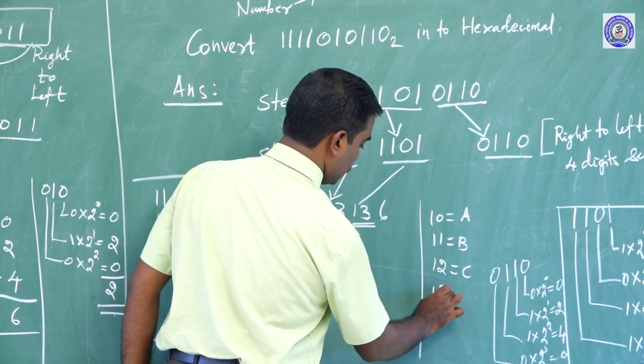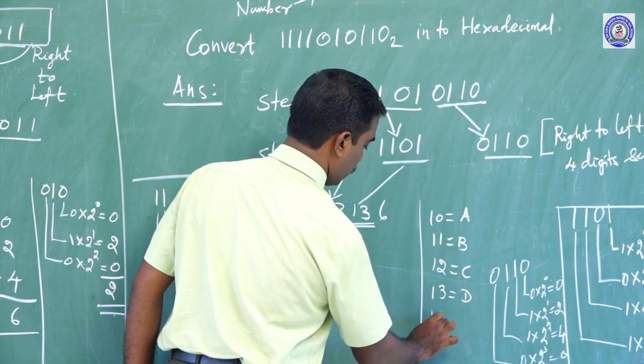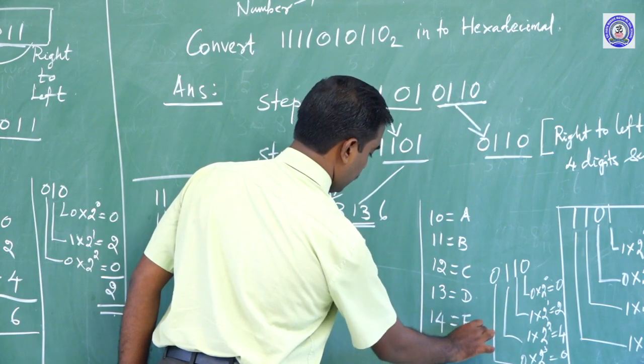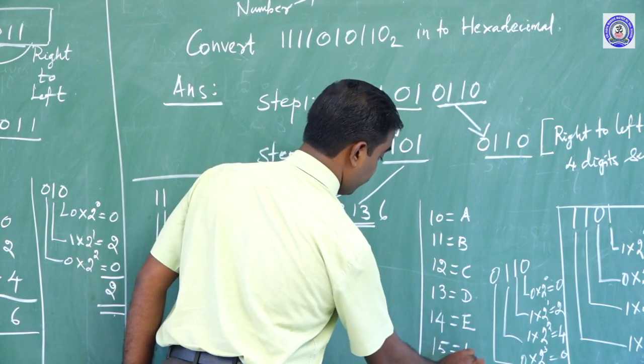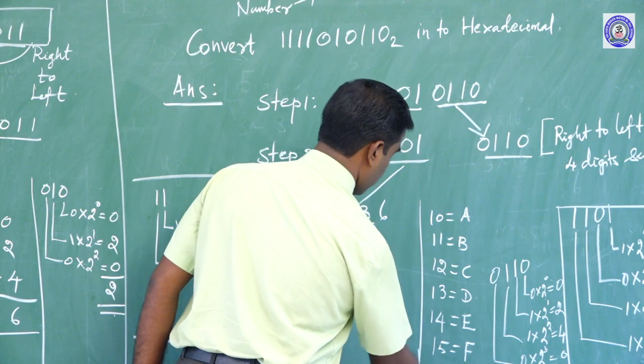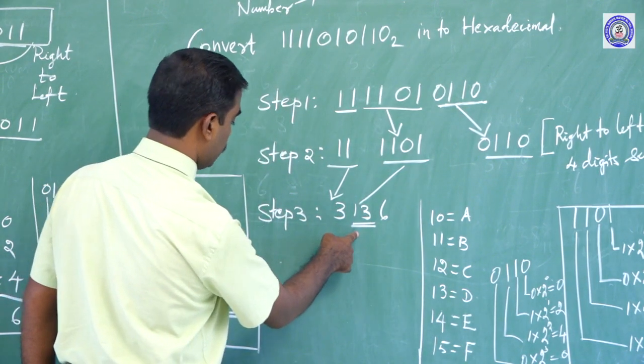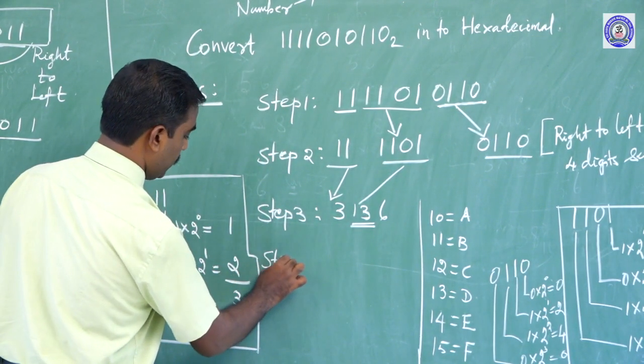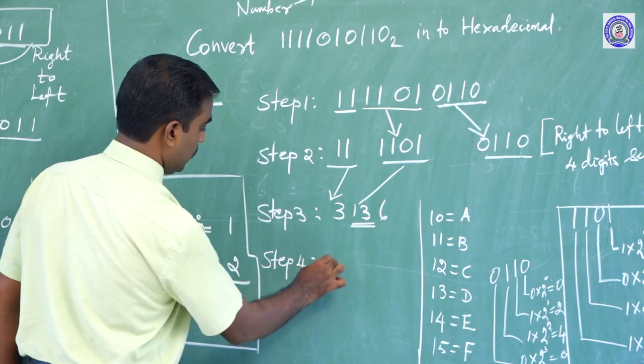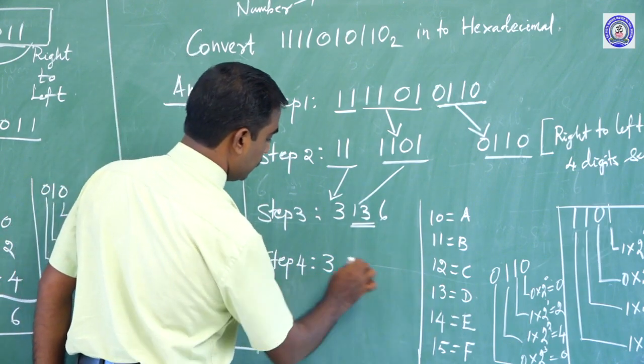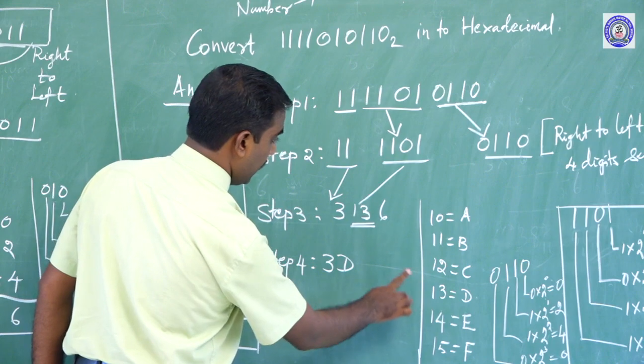C, 13 equals D, then 14 equals E, 15 equals F. Okay, but here it is 13. So finally we should write step 4: 3 D, and then what?